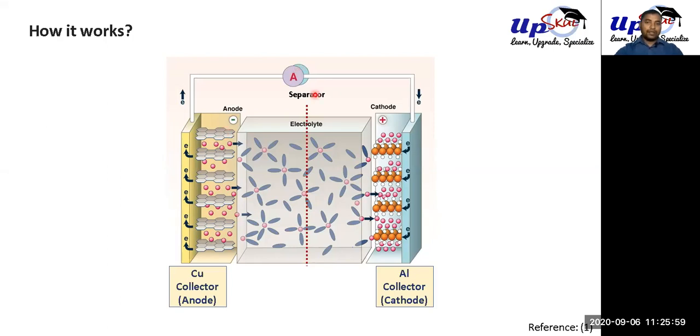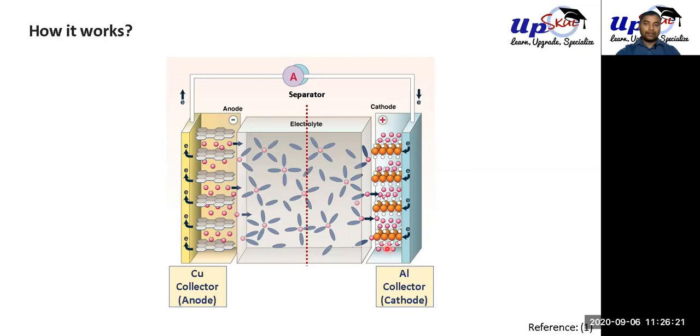So in this picture, this is a load. They are showing it as an ammeter, so we are just measuring the current, but yes, there is a load. When we close the circuit, the lithium wants to go back to its original position.